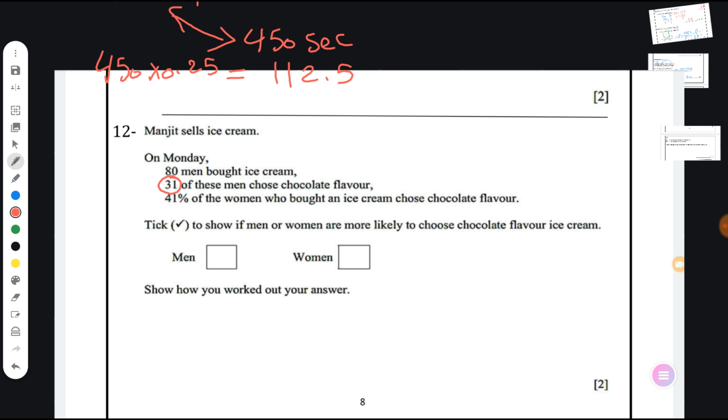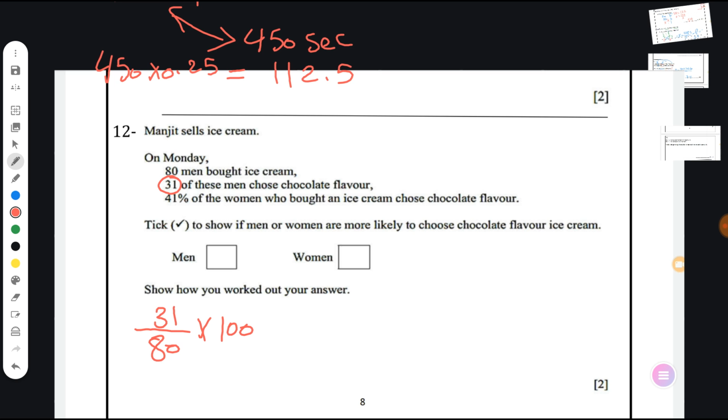I can convert it to a percentage by multiplying by 100.